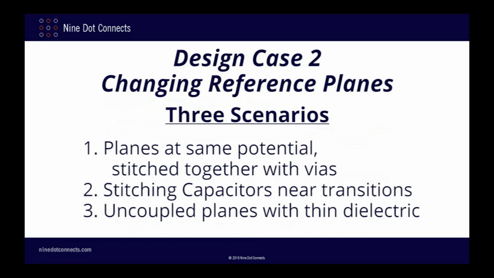So when we have to transition our return current path between different reference planes, we have essentially 3 possible scenarios. We can have these planes at the same potential and tied together with vias. We can use stitching capacitors to connect planes that have different potentials, or we can let the reference planes stay uncoupled but have a thin dielectric between them.